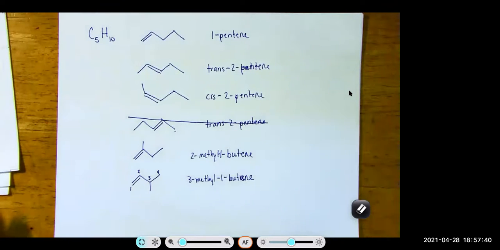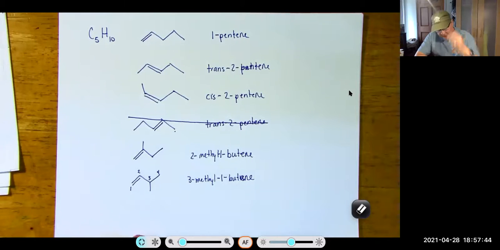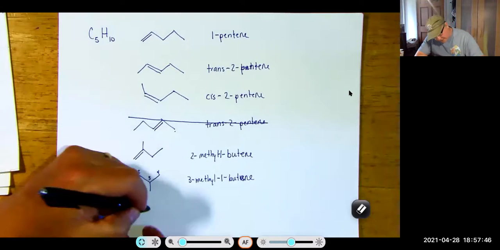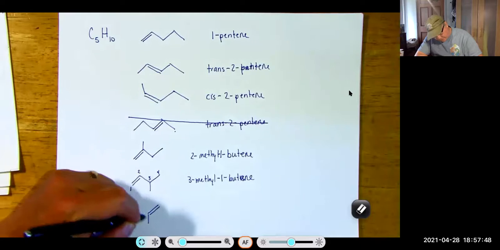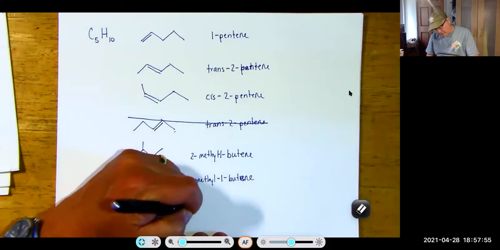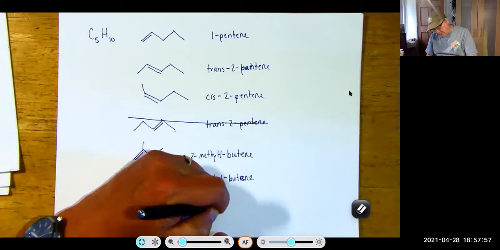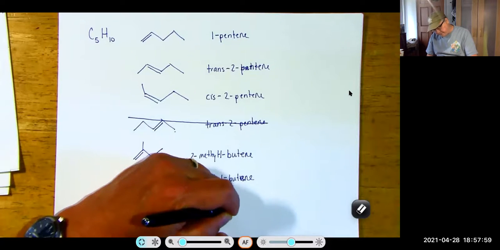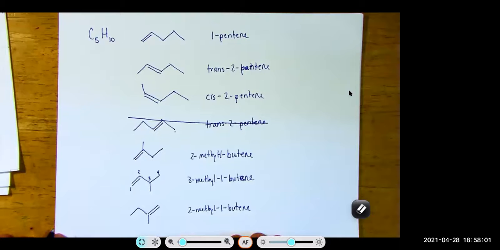If you have a double bond, always start closer to that with your counting. That's right. So if we had drawn it this way, what would this be called? 2-methyl-1-butene. Okay. So these are the same.